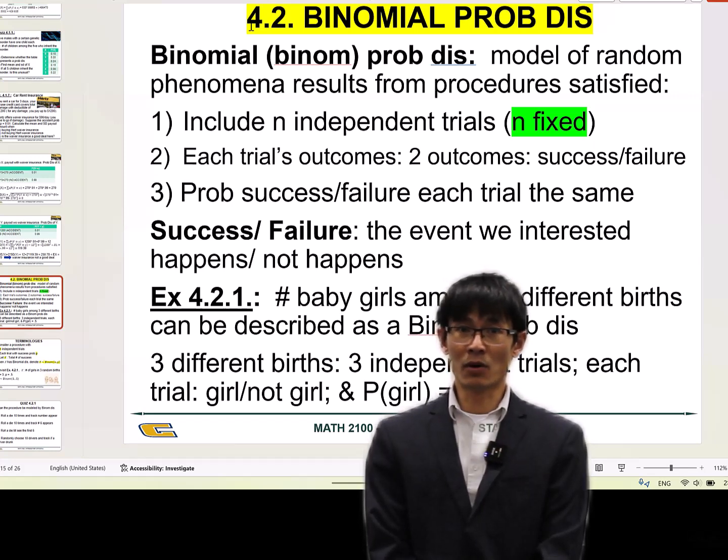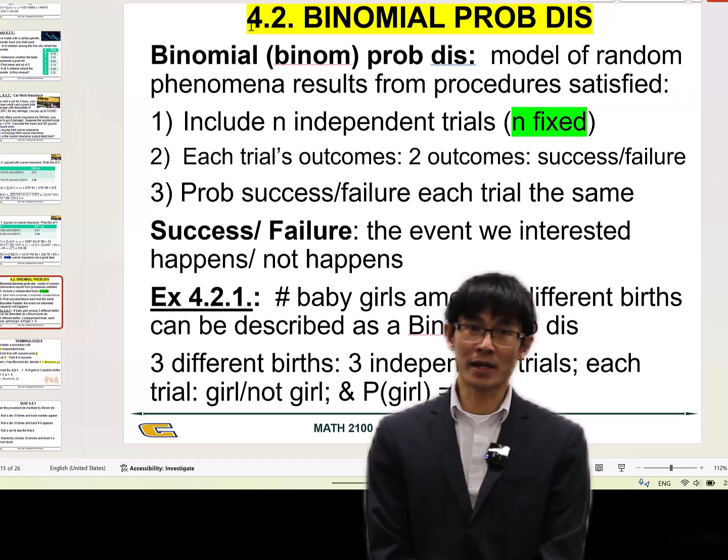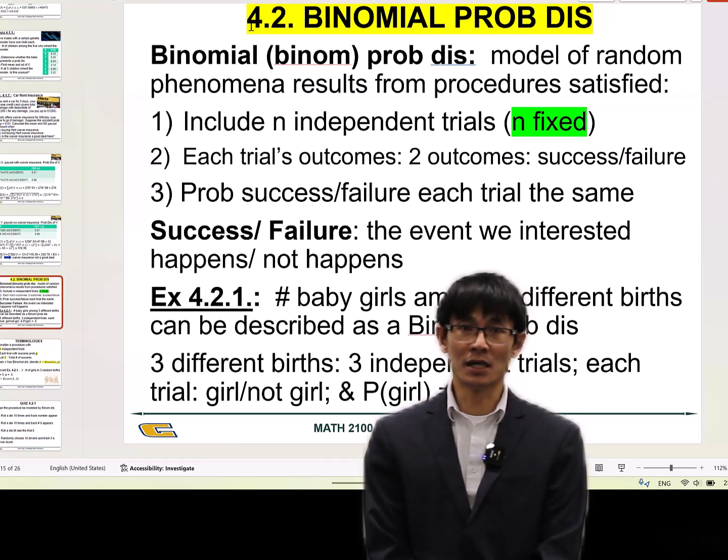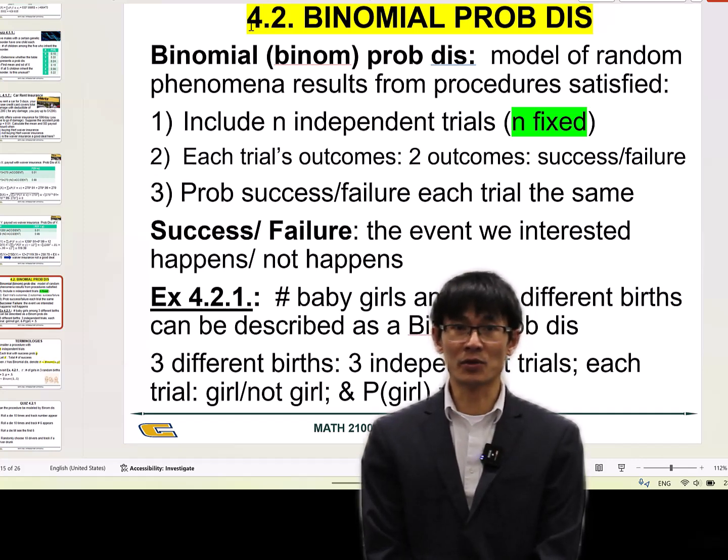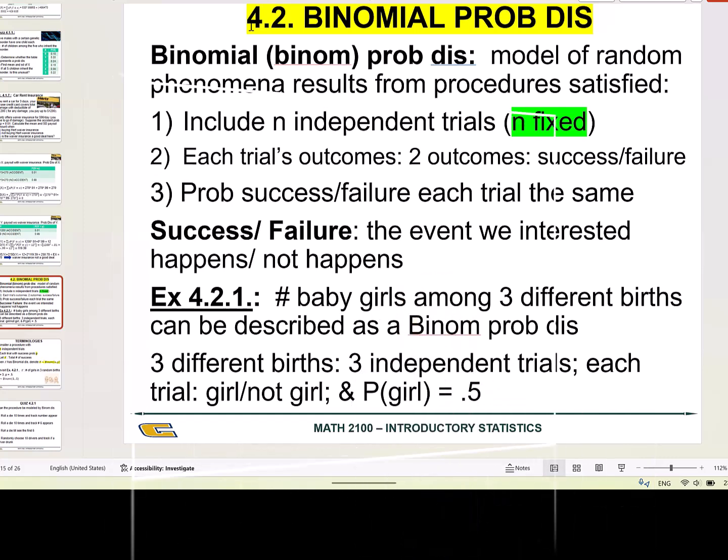At that time, the table itself won't be efficient for you to look at the distribution as a whole. Rather, you need a more systematic way to look at the distribution and its properties. And the binomial distribution is the first distribution that can help you manage this kind of large scale of discrete outcomes. So let's move on.